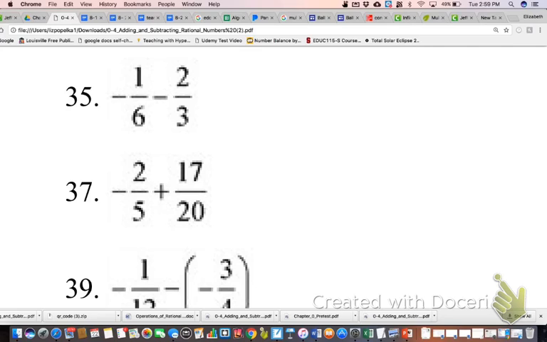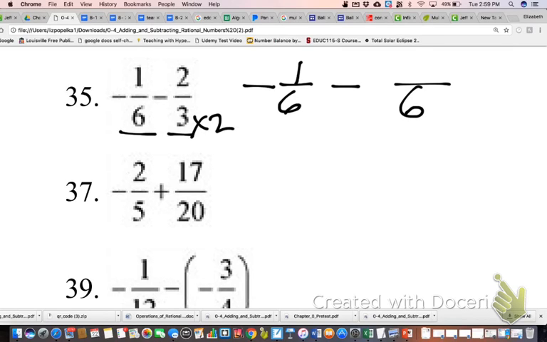For number 35, I have to get a common denominator for these two. The least common denominator would be a 6. So I've got a negative 1 over 6, because that 6 obviously is going to stay the same, minus. In order to get that 3 to become a 6, I needed to multiply it by 2. So 2 times 2 is 4.